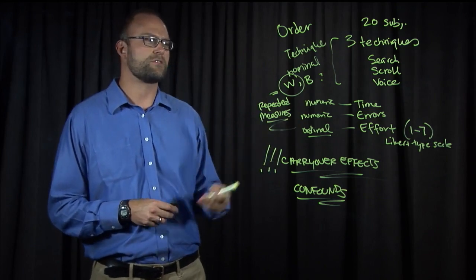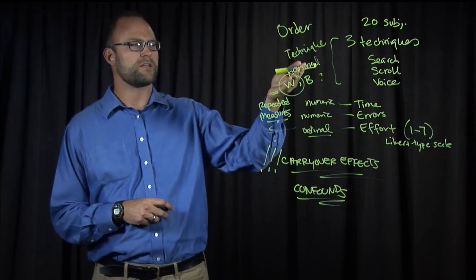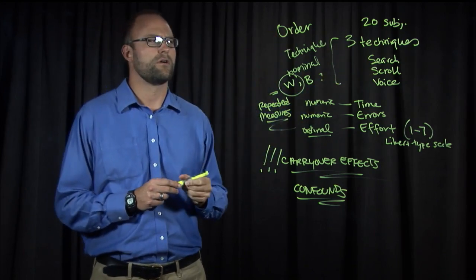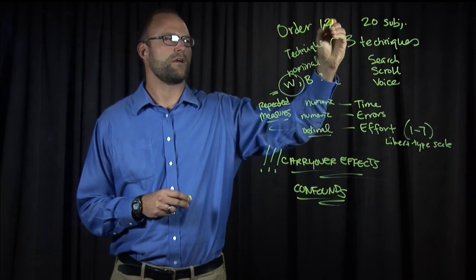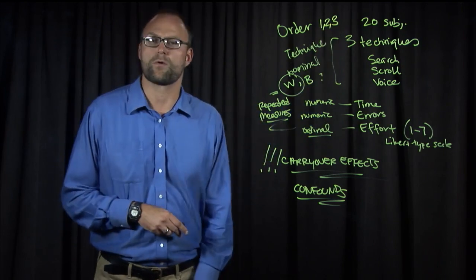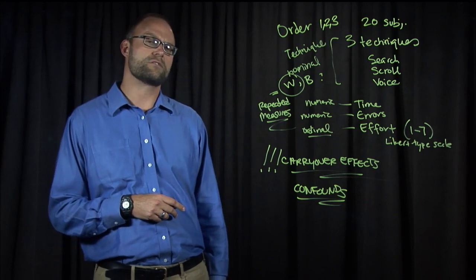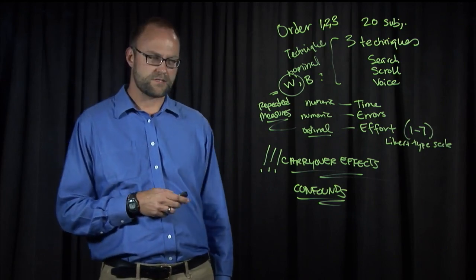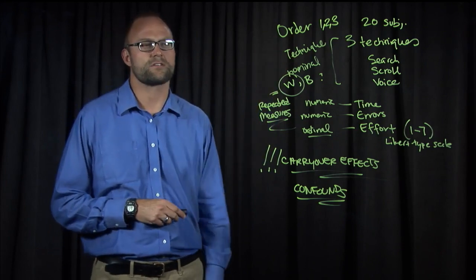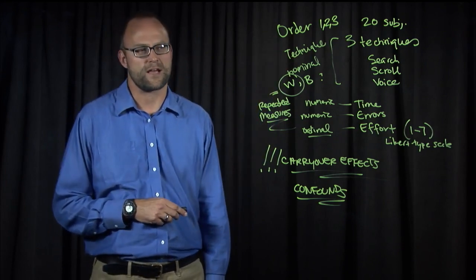And then we simply do a test like we would on technique to know the difference between the techniques. We do a test on order, 1, 2, or 3, to see if there's a difference in the results just based on the order that things were shown in. And I obviously hope there is not such a difference. That would mean we don't have an order effect.